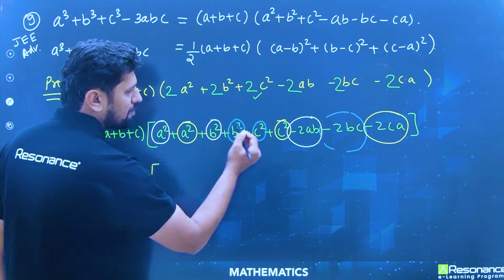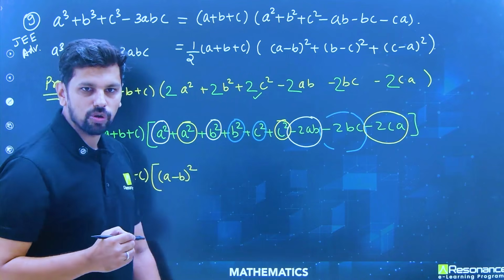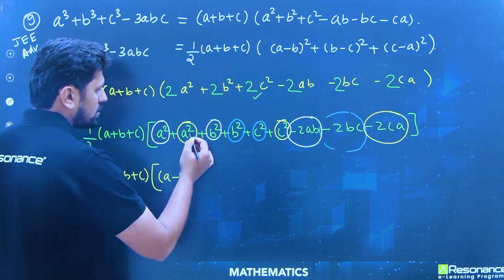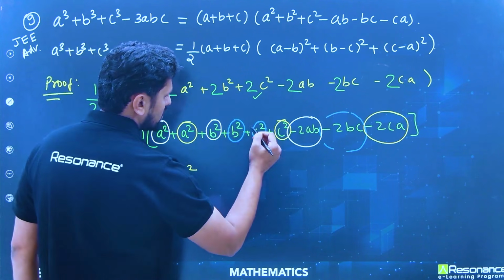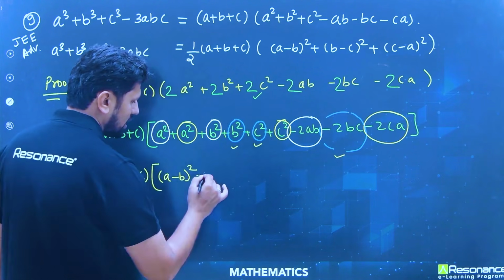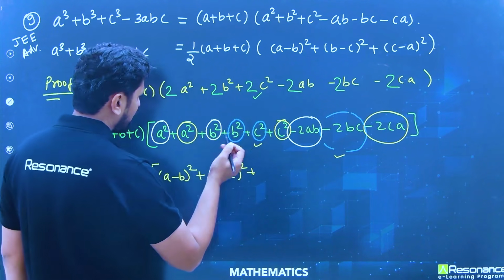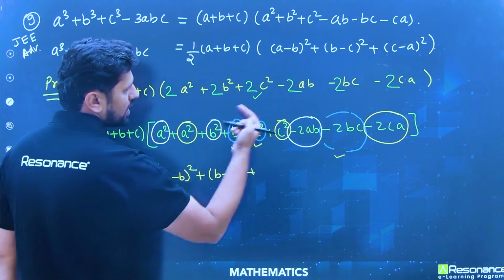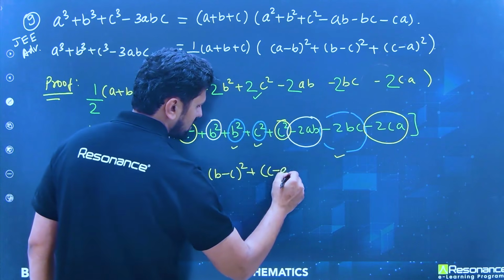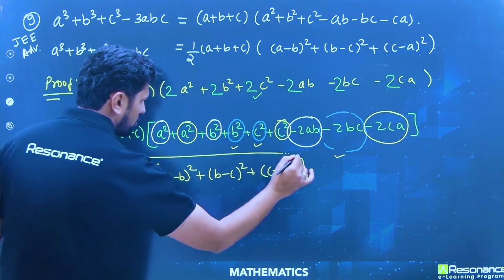Now a² + b² − 2ab becomes (a − b)², then b² + c² − 2bc becomes (b − c)², and the left out part c² + a² − 2ca is (c − a)². So we derived the formula.